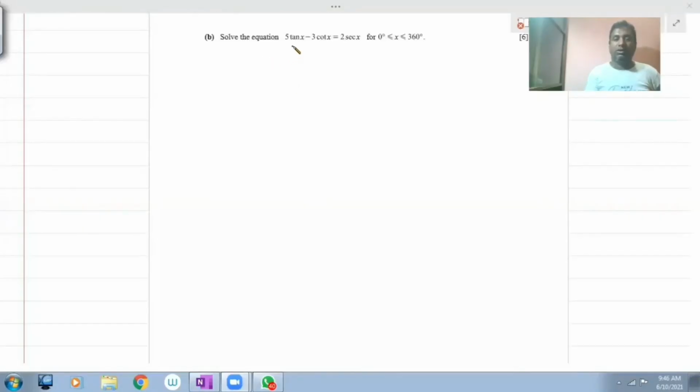next B, and let's see. Here's the question: to solve the equation 5 tan x minus 3 cot x equals 2 sec x, and x lies between 0 to 360.